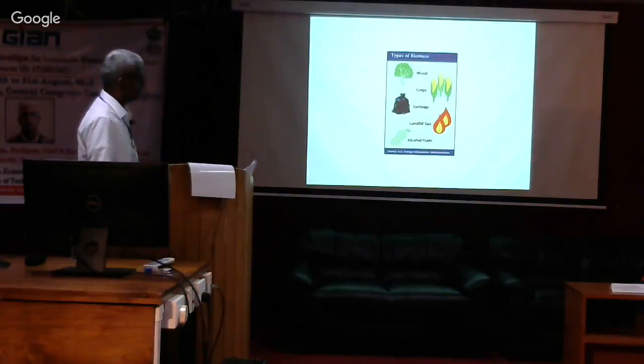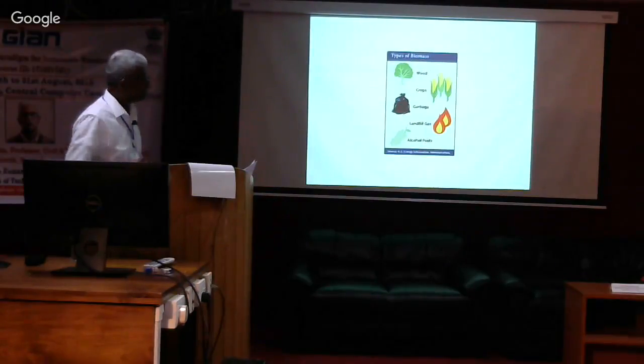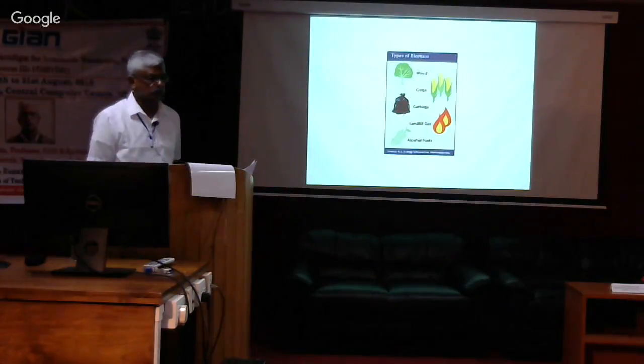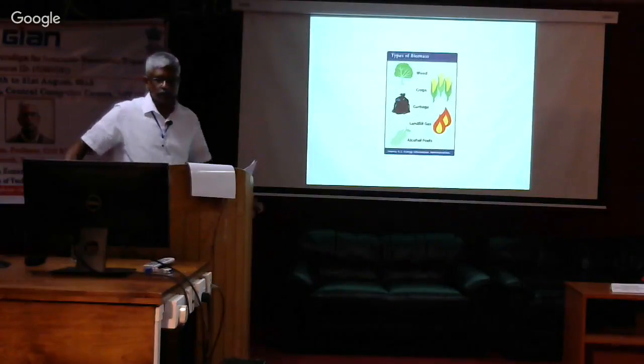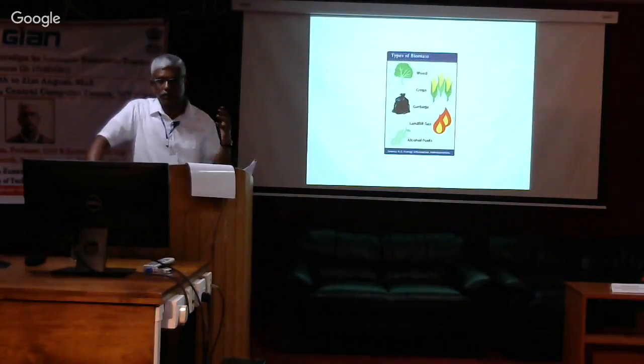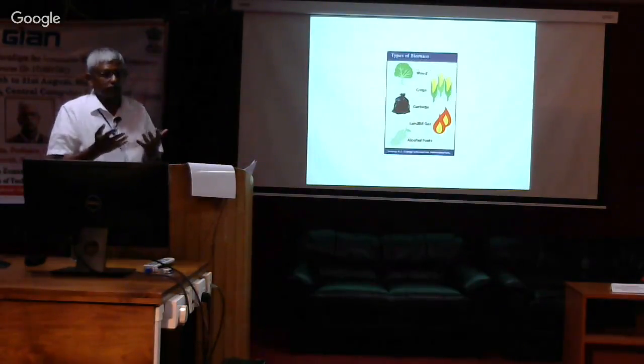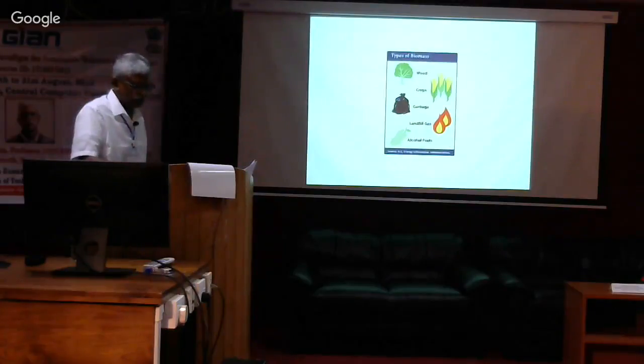Garbage, because it is organic, landfill gas. When we have these municipal solid waste landfills, nowadays in the United States, it's compulsory that you design the landfill in such a way that you collect the gas. And then, of course, you harvest that gas. And alcohol fuel also.